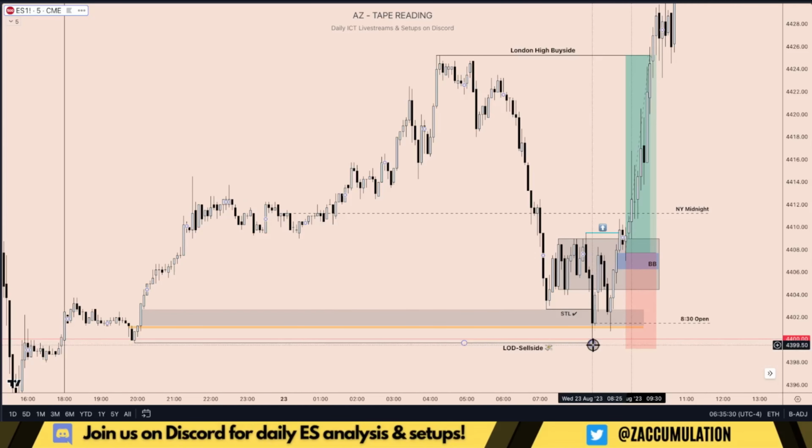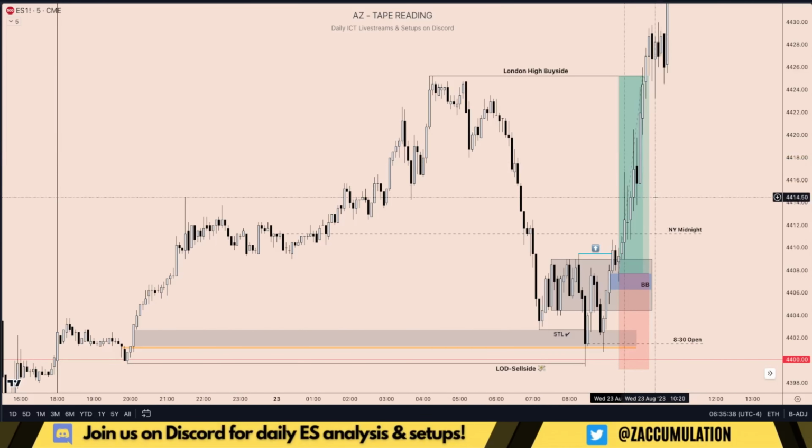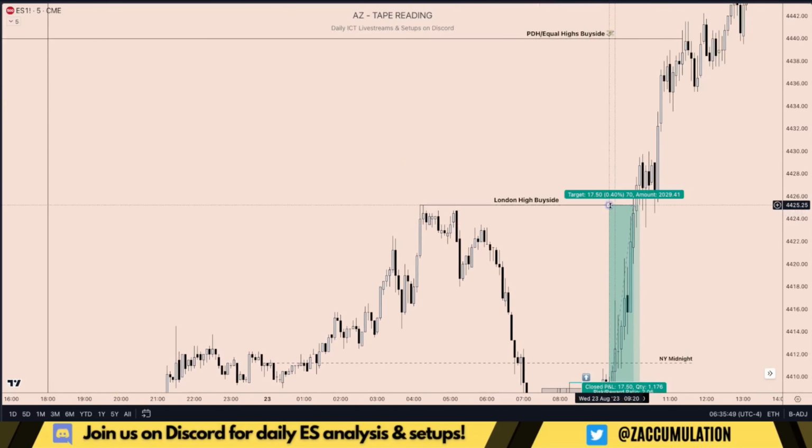This point right here has been the new low of the day. We cleared this Asian session low basically at the low of the day, so if we get a reversal setup, an opportunity to buy low, the least we can target would be the London high buy side right here in this example.